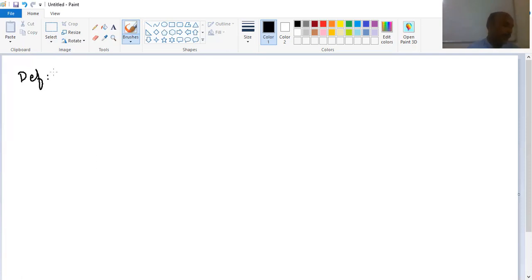Let (X, norm) be a normed linear space. Then x0 belongs to X if, given epsilon greater than 0, there exists a positive integer m such that n greater than or equal to m implies mod of xn minus x less than epsilon.